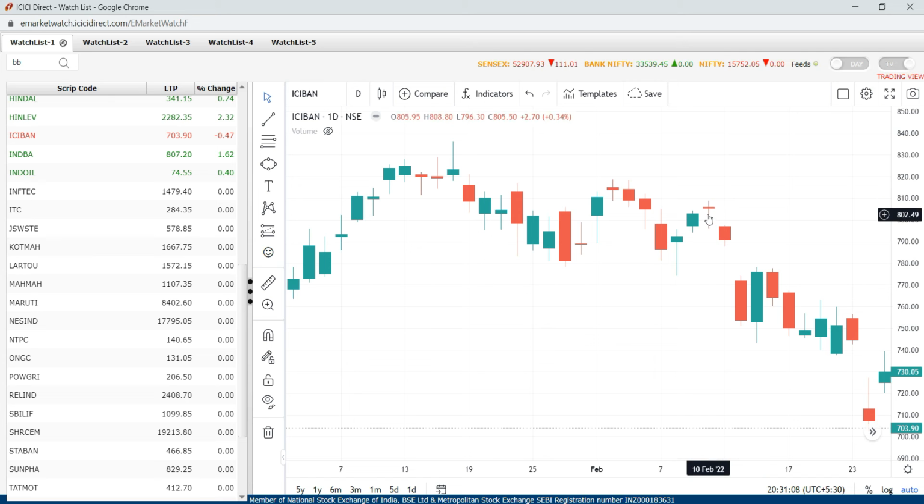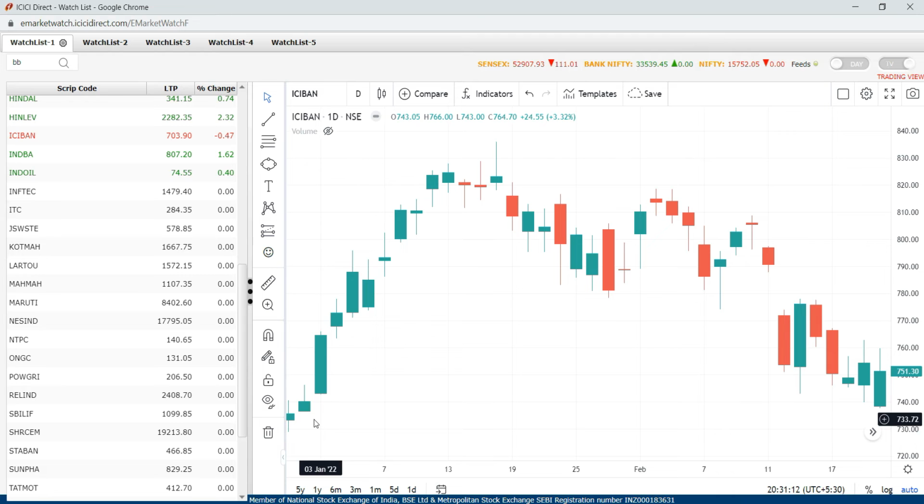This also you can consider as an evening star. I'll tell you why. The stock has moved up from here to here, and after that it made a low, again a high and a low. You can find lower high, lower low, lower high, lower low.